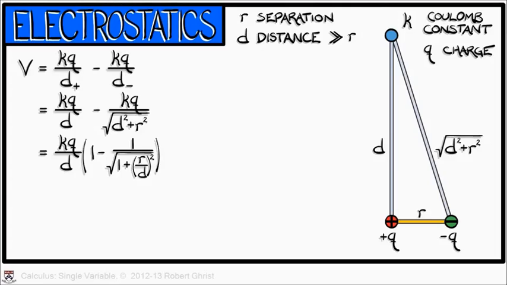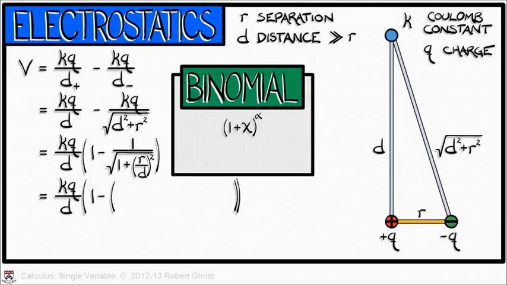Well, at this point, we can try to expand that out using the binomial series. Recall, the binomial series is for something of the form (1 plus x) to the alpha. In this case, alpha is negative 1/2. We're looking at 1 over the square root of something. And x is (r over d) squared.